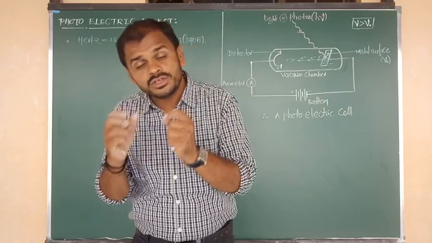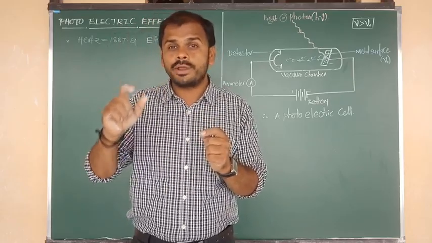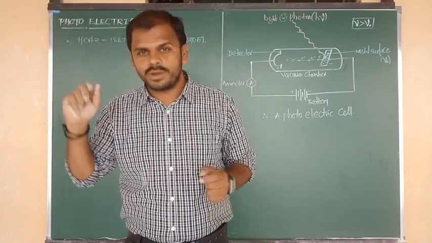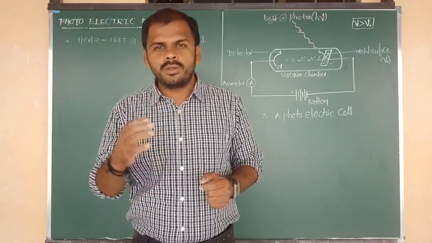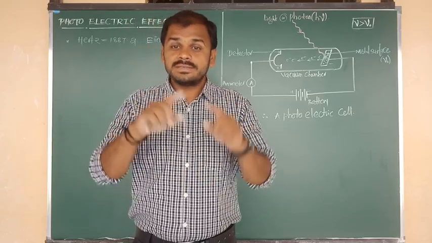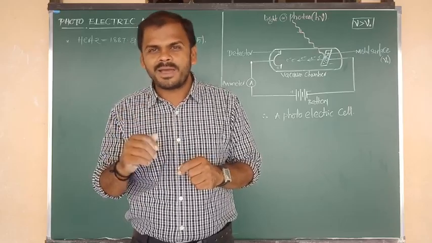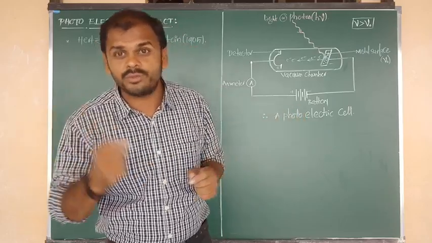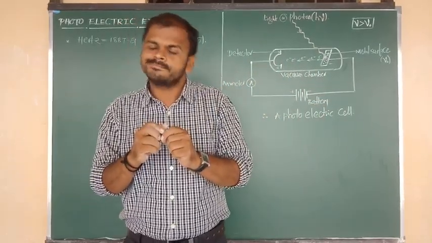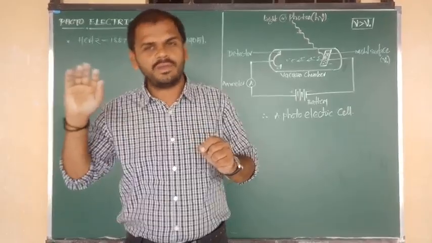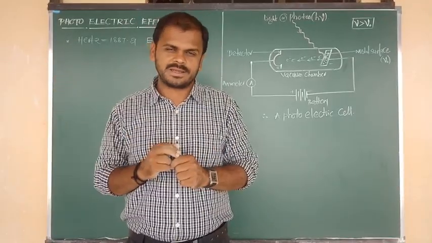Based on that, I gave you some important objective-type formulas, like the energy of 1 mole of photons, E total equals E1 plus E2, and E1 by E2 equals lambda 2 by lambda 1, and other relations. Using all these formulas, we solved some NCERT questions in the previous video class.